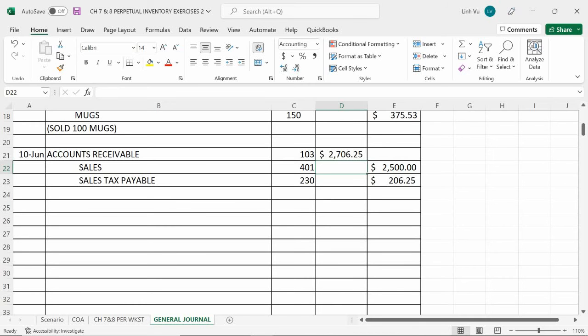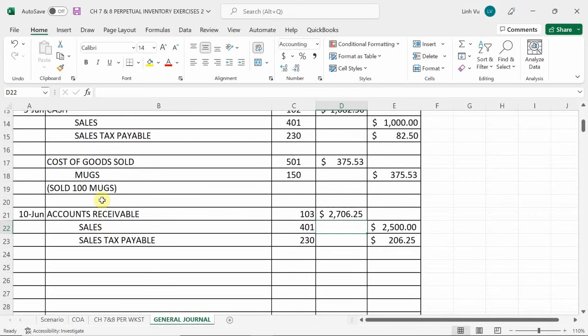Now you can wait till you do your update on your inventory. So in this case, same thing. You sold and got rid of your inventory. So therefore, you're going to be needing the cost of goods sold.